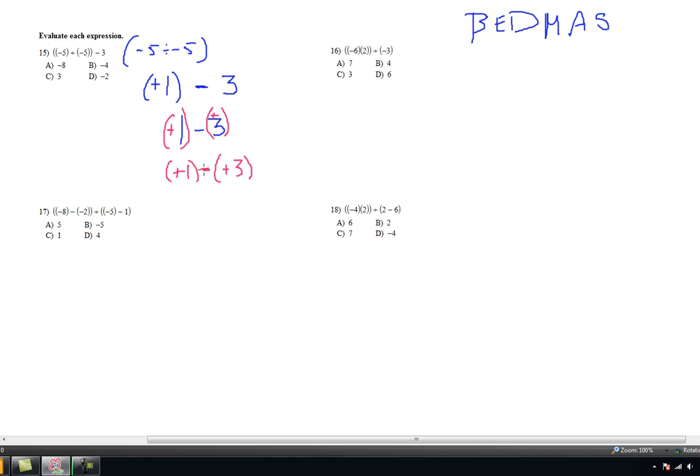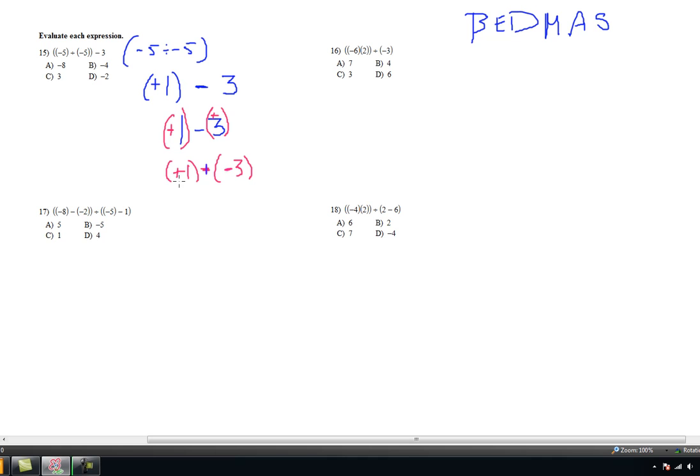Now the rule with subtraction is that you first change this subtraction into an addition. And then, I'm just going to grab my eraser here, you're going to change the sign of the second integer, so this +3, you're going to switch it. So it was a positive, so I'm now going to change it into a negative.